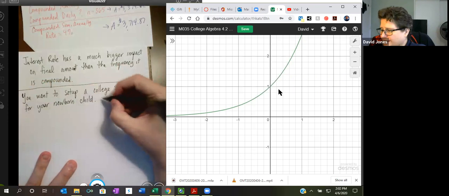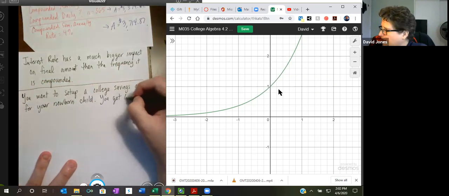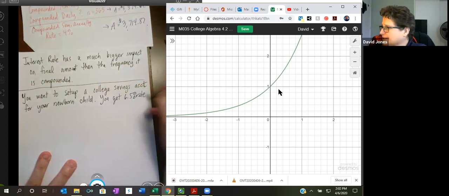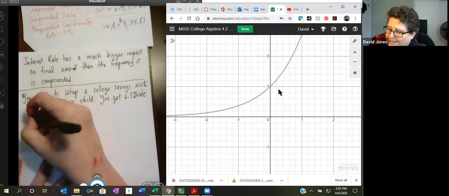Let's say you get a 6.5% interest rate, which is highly unlikely. That is compounded daily.